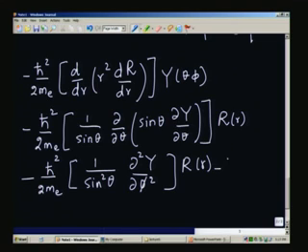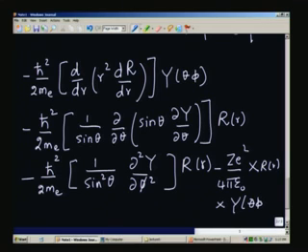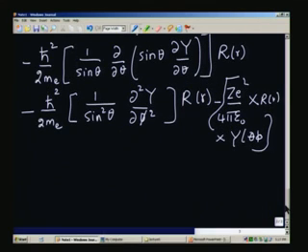Minus Z e square by 4 pi epsilon naught multiplied by the radial part and the angular part Y(θ,φ). I would write this as one term. Okay. This is the Hψ is equal to Eψ.